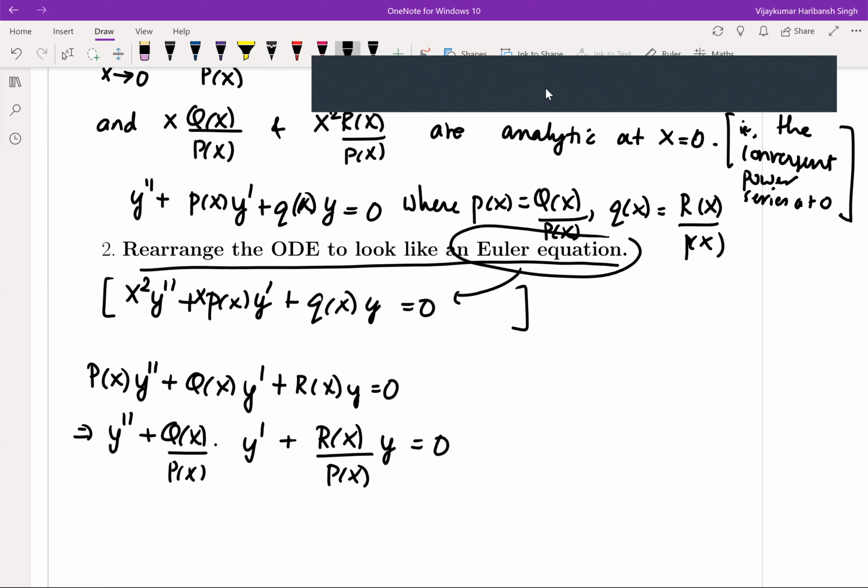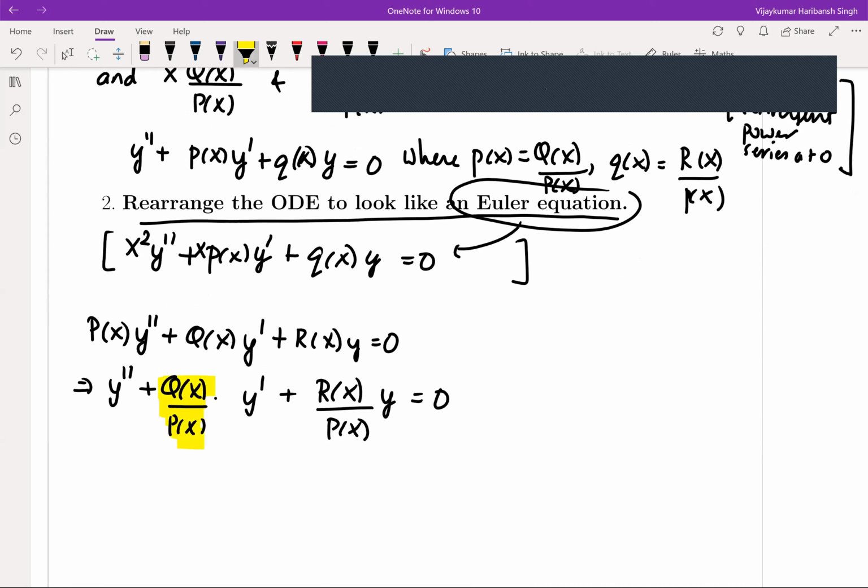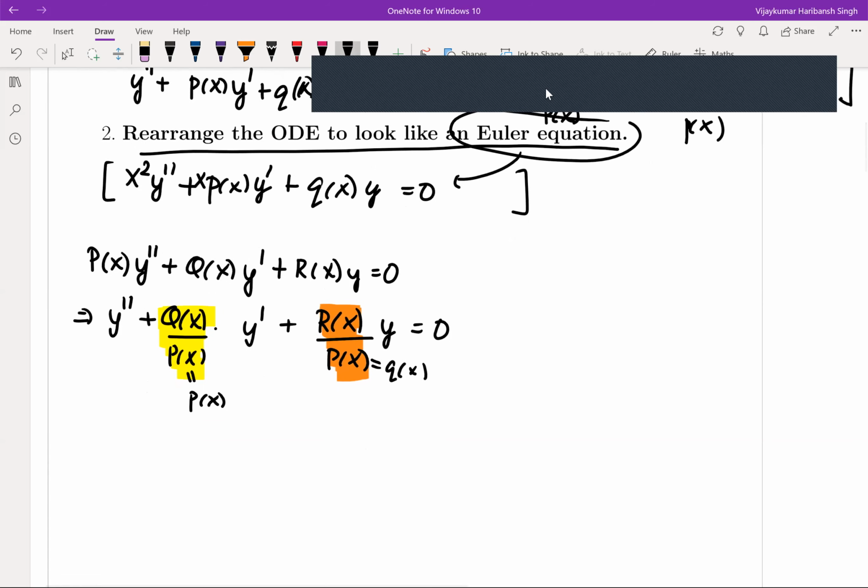Now call the first one p(x) and call the other one q(x). Therefore we have y double prime plus p(x) y prime plus q(x) y equals 0.